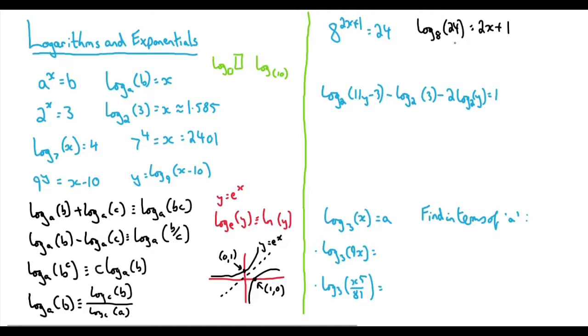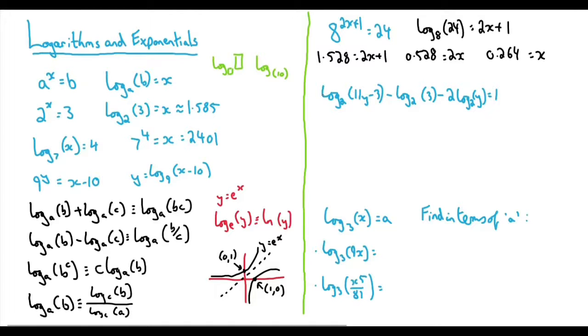This log base 8 of 24 you will find is approximately 1.528, so that equals your 2x plus 1. Therefore, 0.528 will equal 2x. Therefore, approximately 0.264 will be the value of your x.